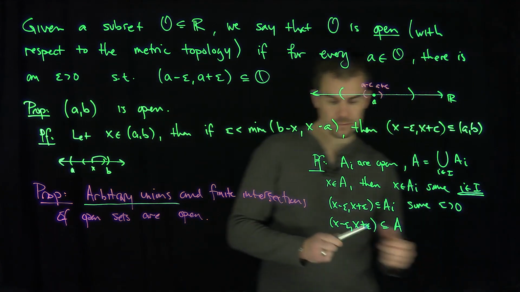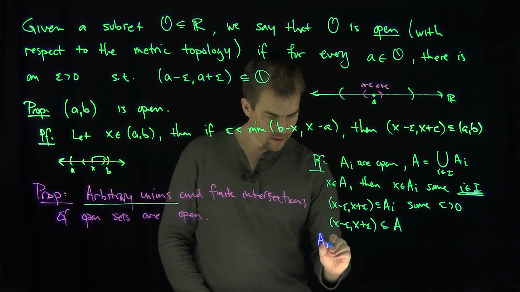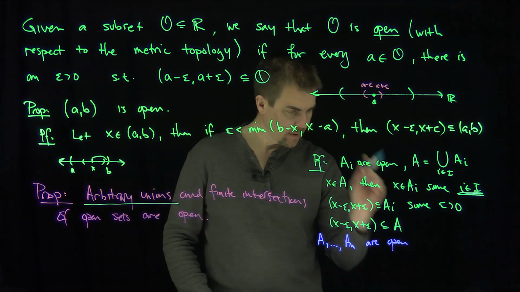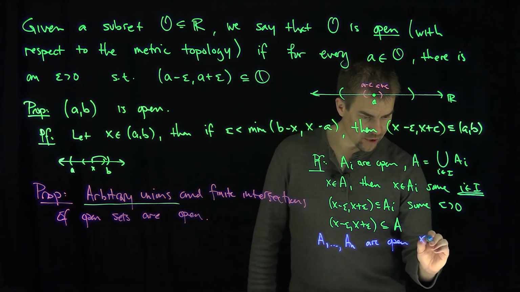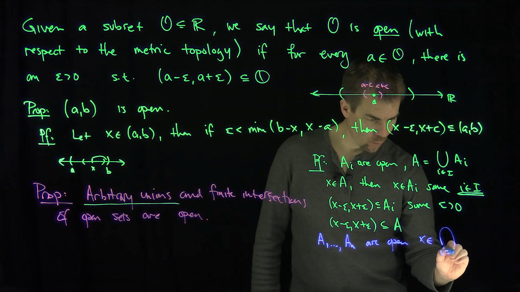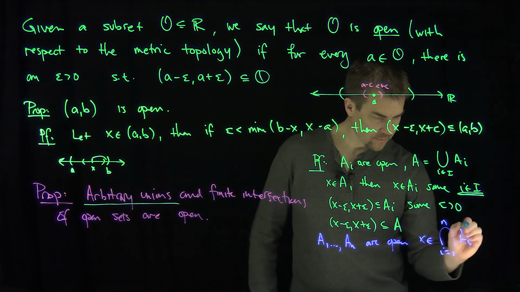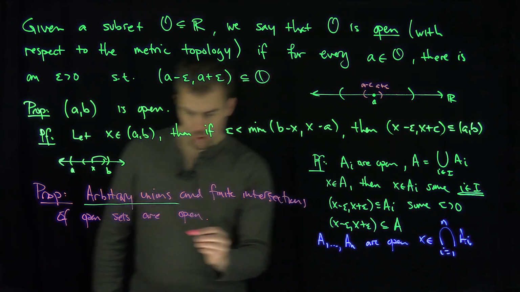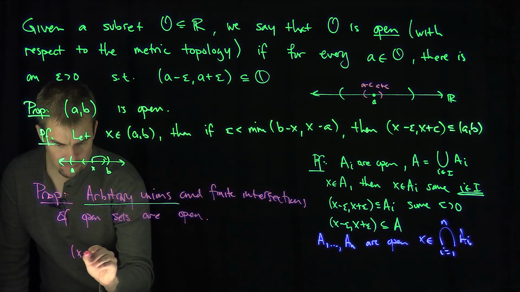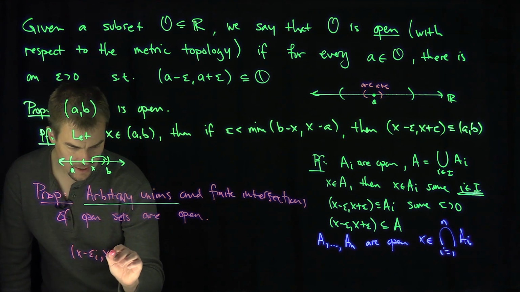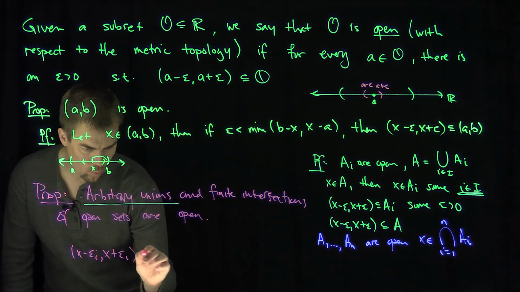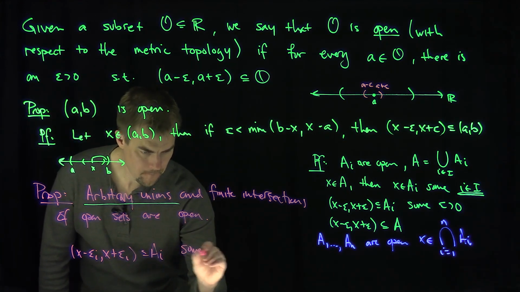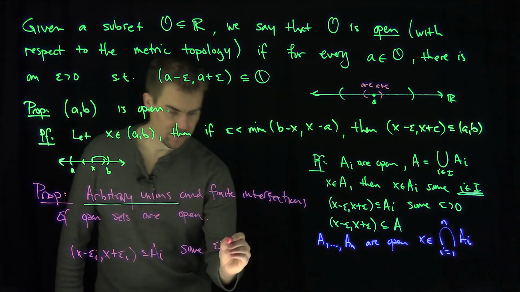For intersections, if A_1 through A_n are open, and X is in the intersection, i goes from 1 to n of A_i, then what we can do is the following. For each of these i, we can say that X minus epsilon_i, X plus epsilon_i will be contained in A_i for some epsilon_i greater than 0.